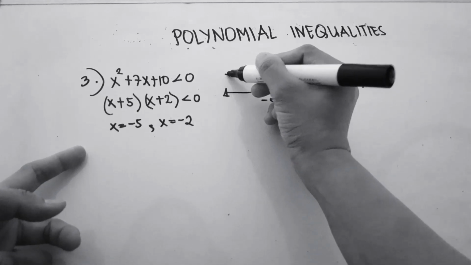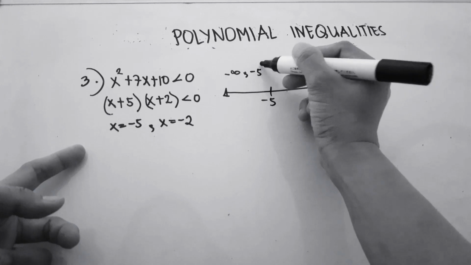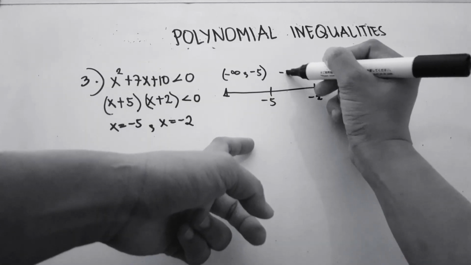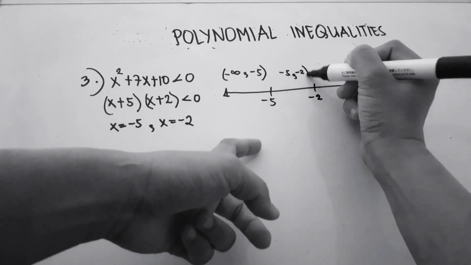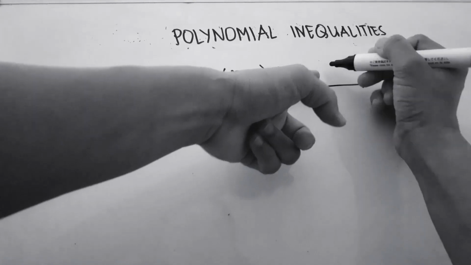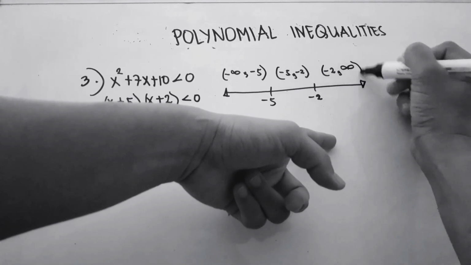So we can set up the test intervals here. We have negative infinity to negative 5, then negative 5 to negative 2, and then negative 2 to positive infinity.